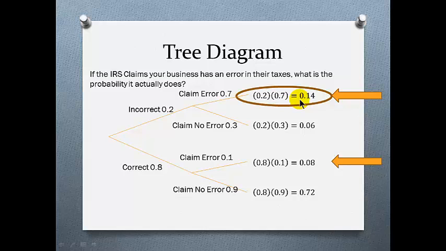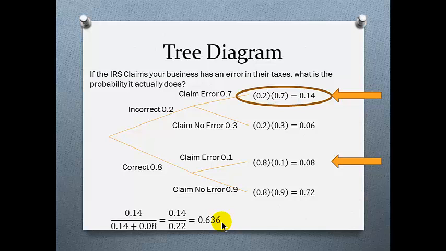The sample space, the denominator, is what we have to work to get, and we're going to add the 0.14 with the 0.08. So down here, 0.14 plus 0.08 is 0.22, and 0.14 divided by 0.22 is 0.636. And so that's the probability that I actually have an error if the IRS claims I have an error.